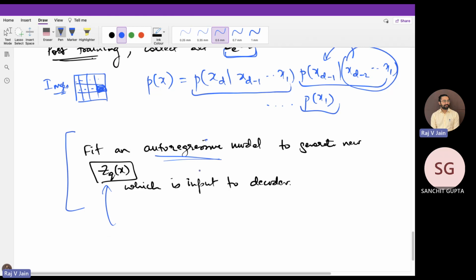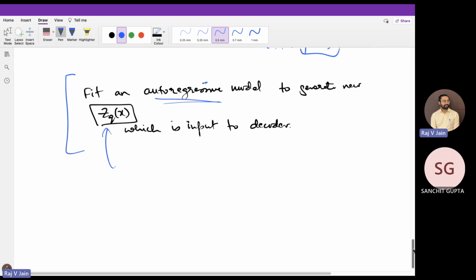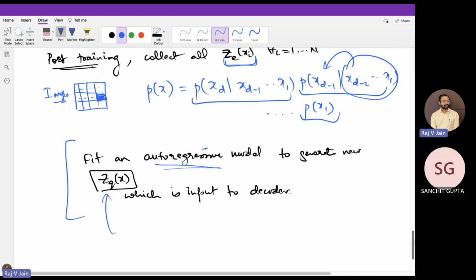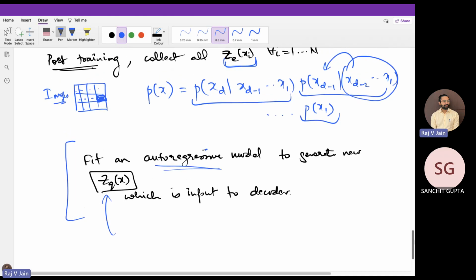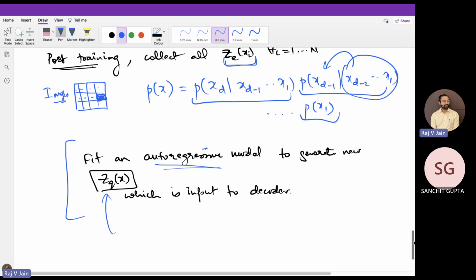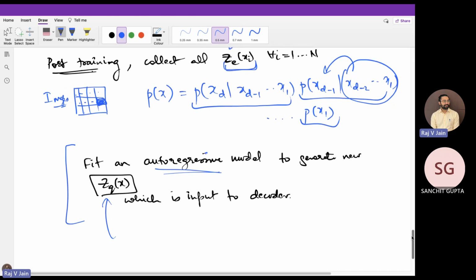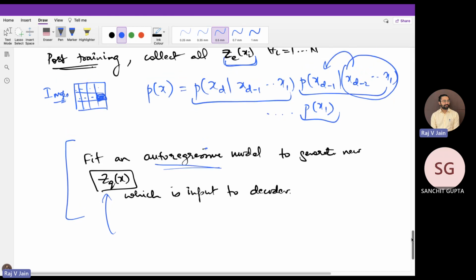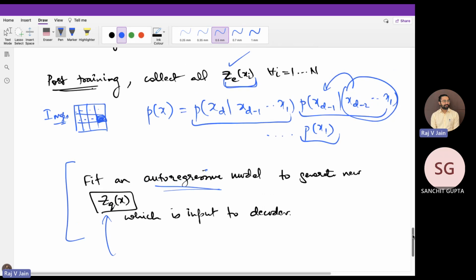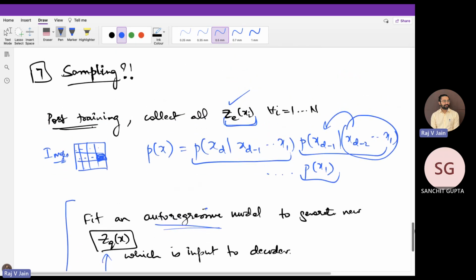So people have tried many different approaches here. And the autoregressive model itself is a model, so you are first creating one model and then using it. Using an autoregressive model itself, you are able to generate images. So why use the generated images to train a VAE and then generate more images? That is a valid idea.